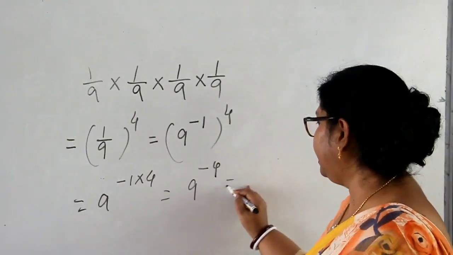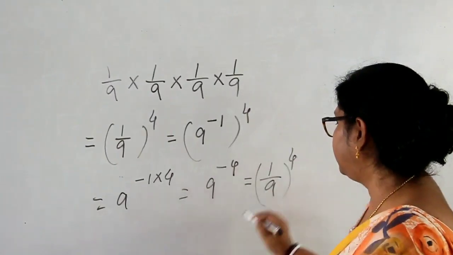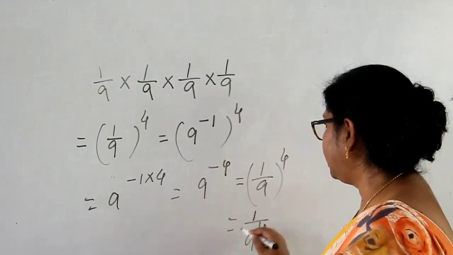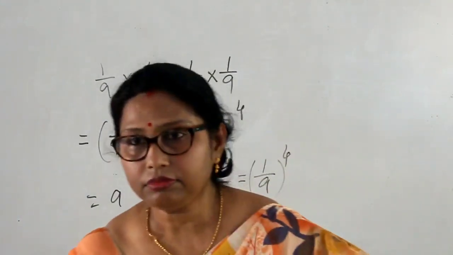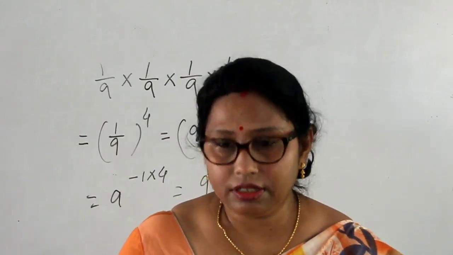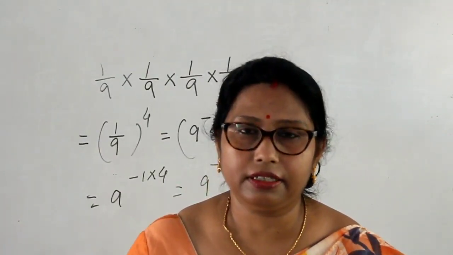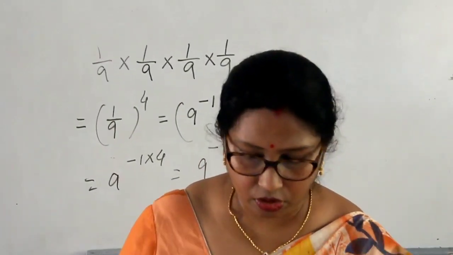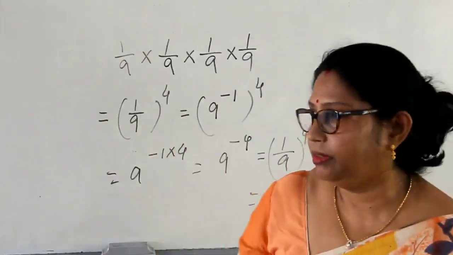And it can again be expressed in this way, or you can say 1 by 9 to the power 4. This was some of those sums discussed from that exercise. A few more sums we are going to discuss from that exercise.